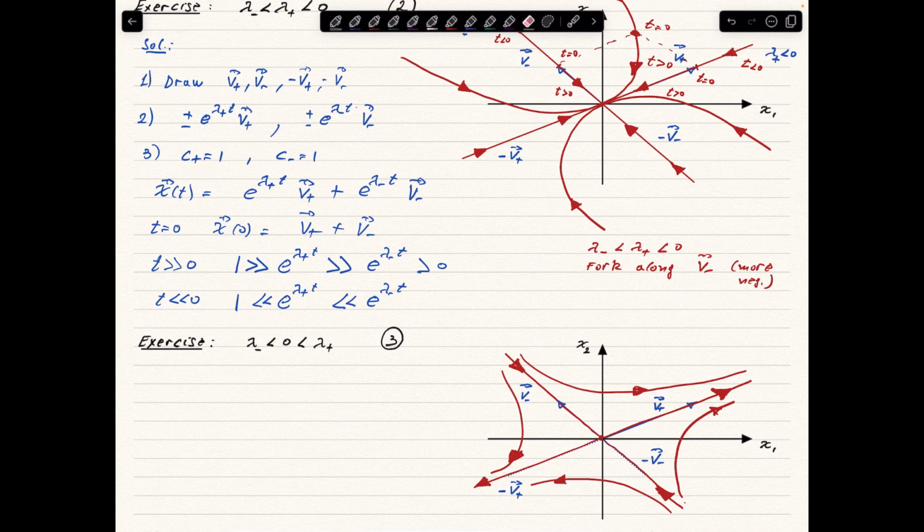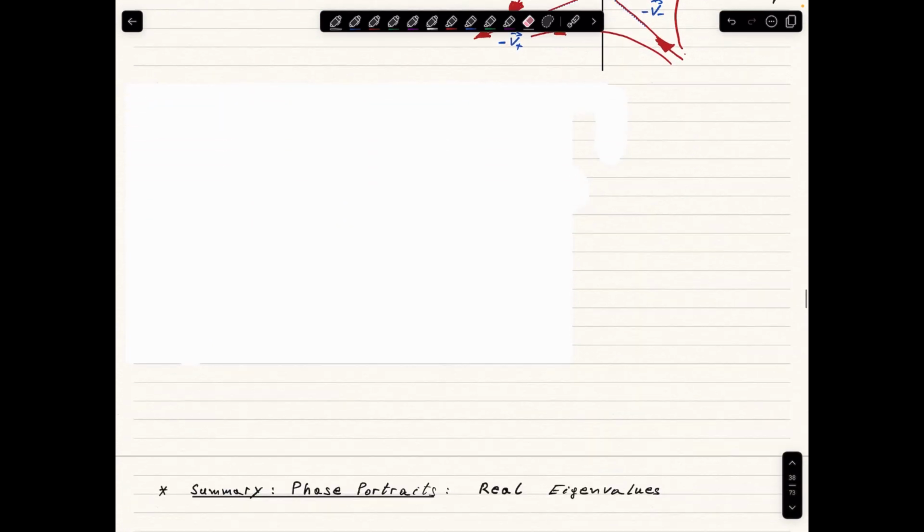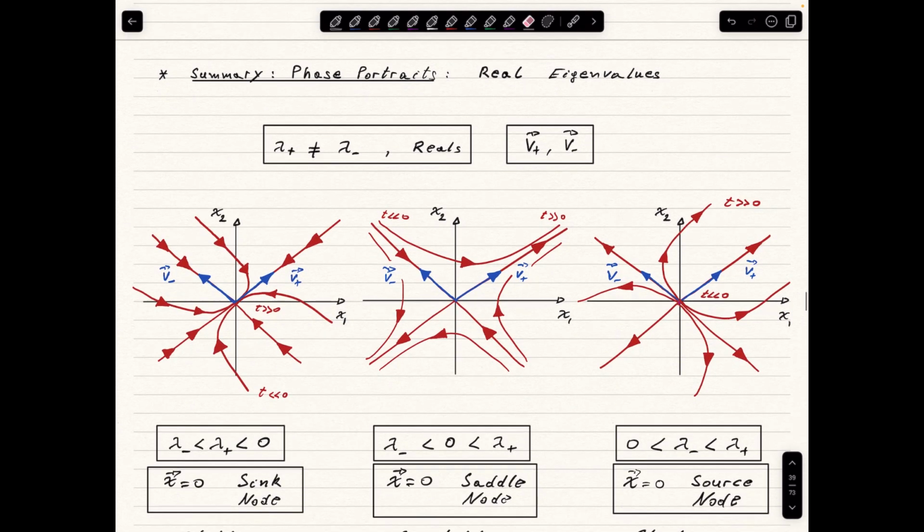So we can put all these pictures together in one little place like this. Both eigenvalues real and different. Well, the picture depends on the relative signs of the eigenvalues. Both positive, we have a fork along the more positive. Both negative, we have a fork along the direction of the more negative.